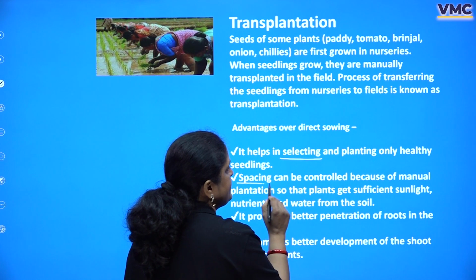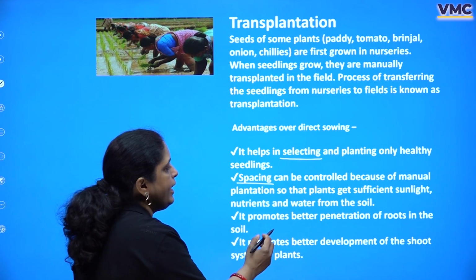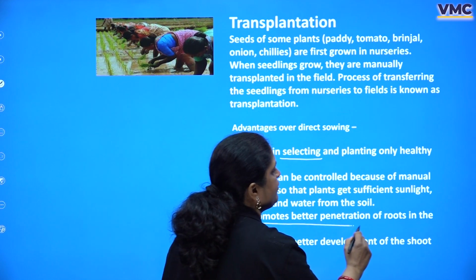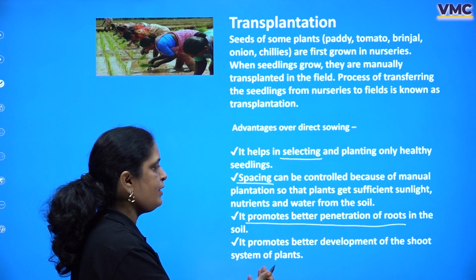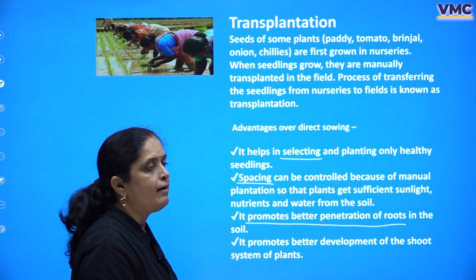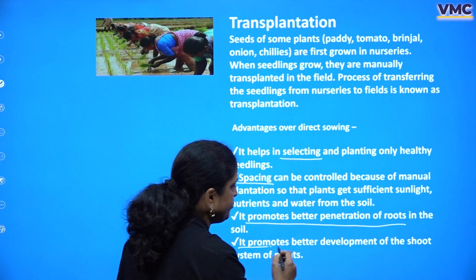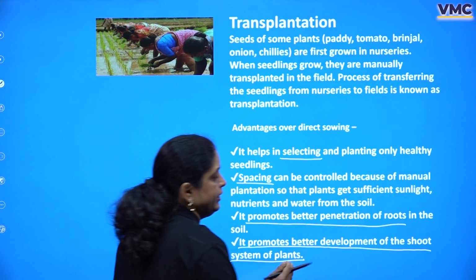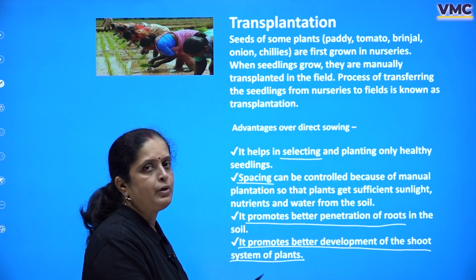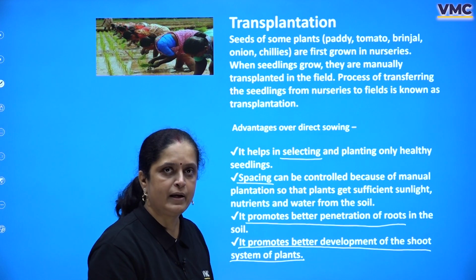We can space the plants correctly, and we can promote better penetration of roots because the saplings have already grown a little, right? And it also promotes better development of the shoot system of the plant. सिर्फ roots ही नहीं, shoot का भी better development होता है when we do transplantation.